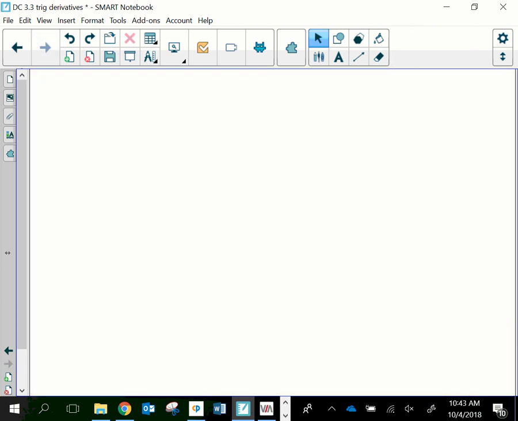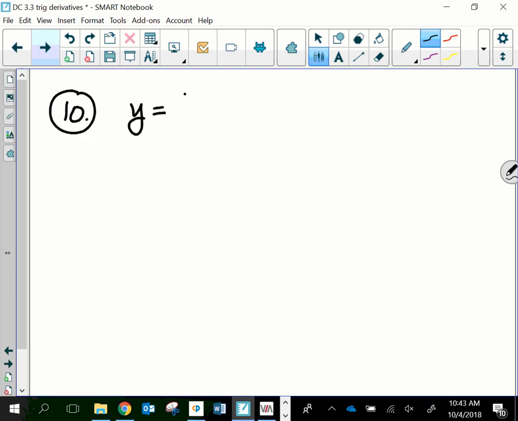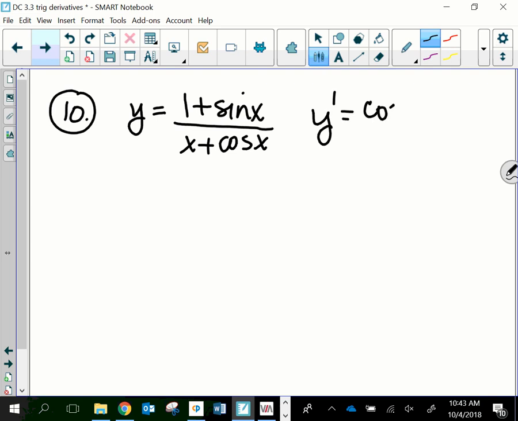All right, so let's try a couple more that require some unit circle values. Let's do Maggie's 10 over here since it's handy. We won't do it again, but this was the original problem. And we figured out y prime to be this: x plus cosine of x squared.